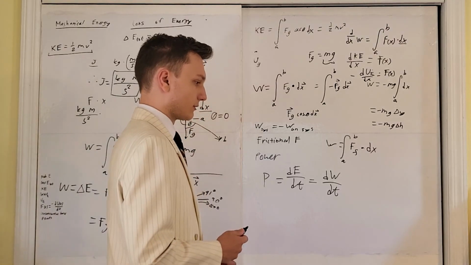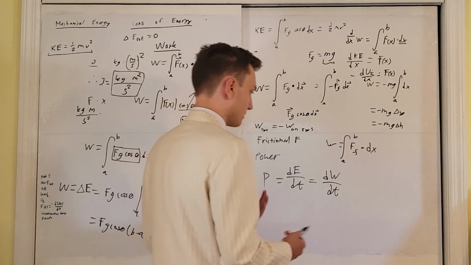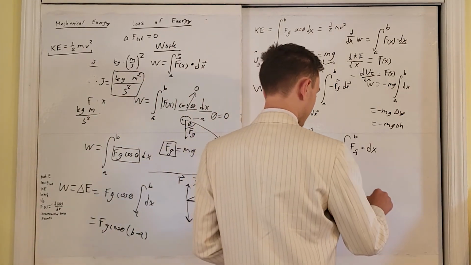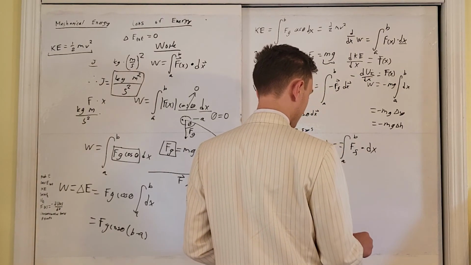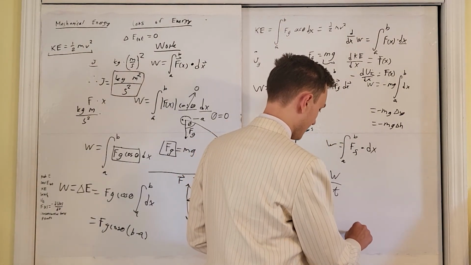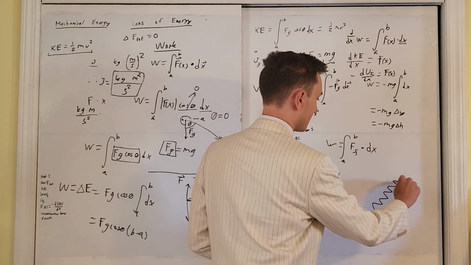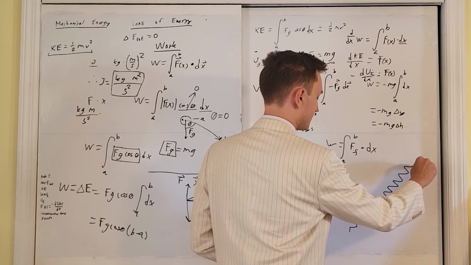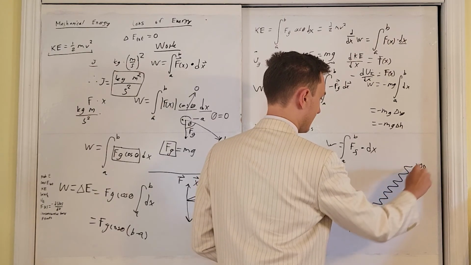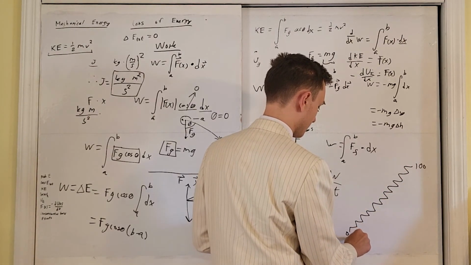The derivative of energy with respect to time can be illustrated with an example like this, okay? If I'm doing a workout, and I need to run up a bunch of stairs as part of the workout, let's say that the top of the stairs is 100 meters high, and I am starting at 0 meters.